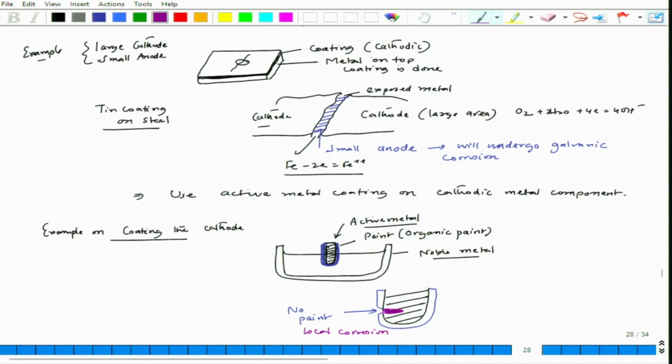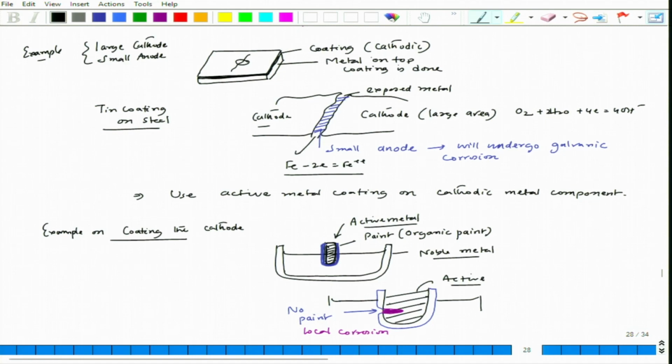Now, since a small area is exposed to the solution, and this is active metal compared to the container metal, and this is electrolyte, salt water or acid, it is a highly conducting electrolyte and highly corrosive also.